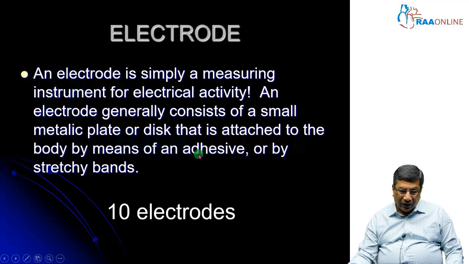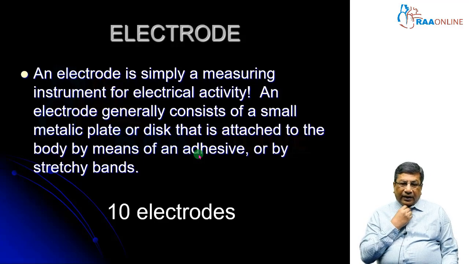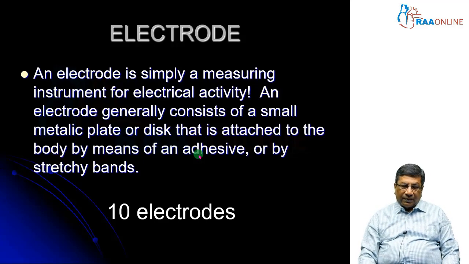Before we go into the leads, you must know the difference between an electrode and a lead. An electrode is a physical object. It is an instrument for measuring electrical activity from the patient's body. It is usually a small metallic plate or a chest bulb or a disposable disc.